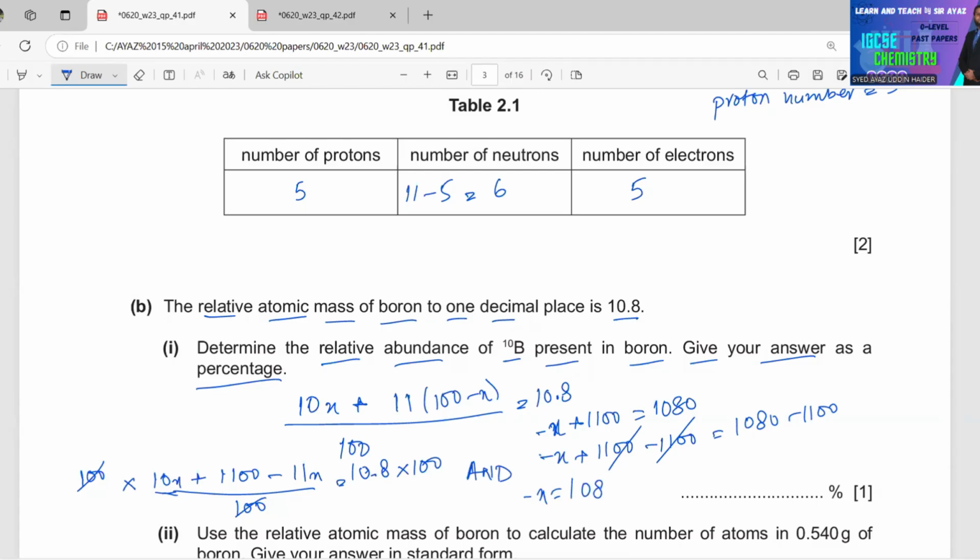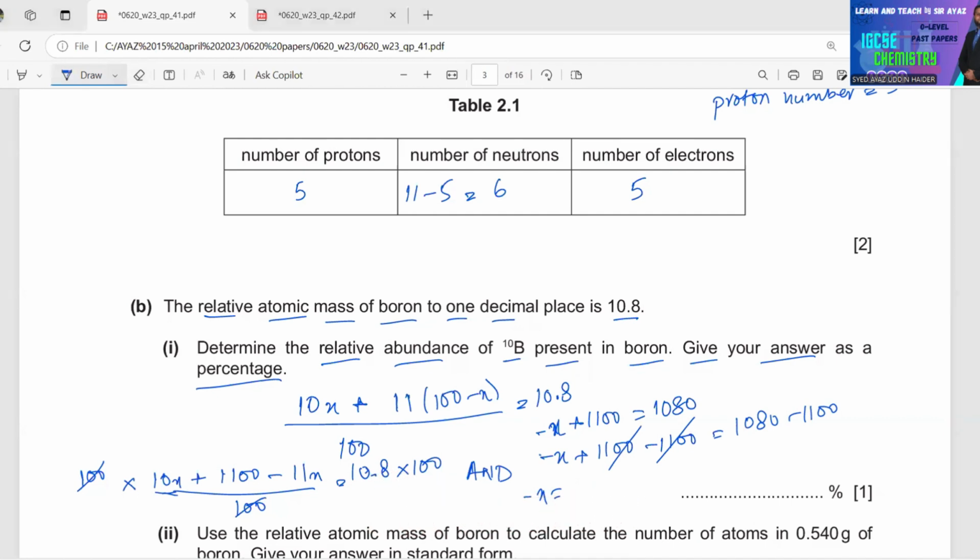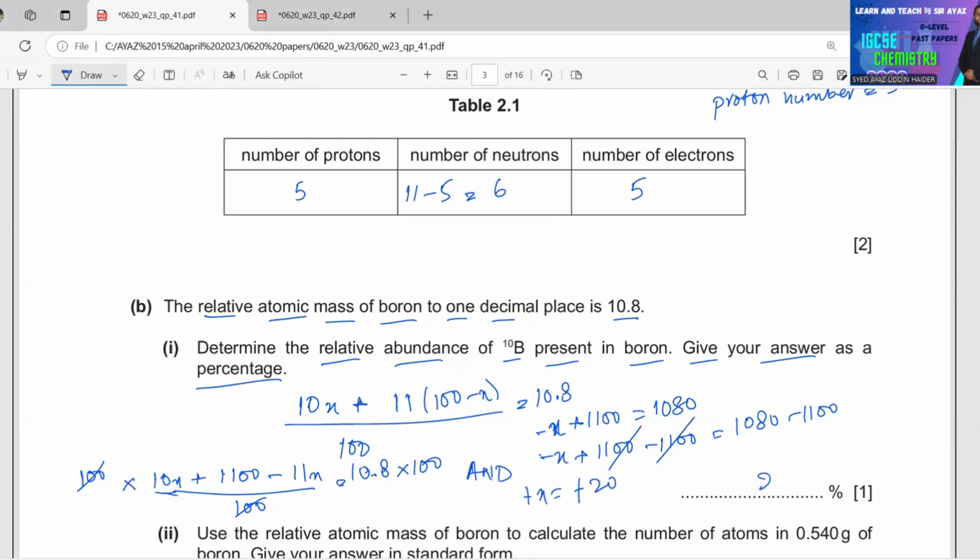Let's solve it. Minus 20. So the answer must be 20% for this question.